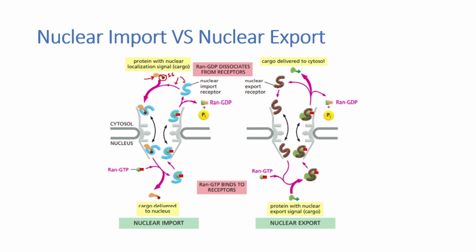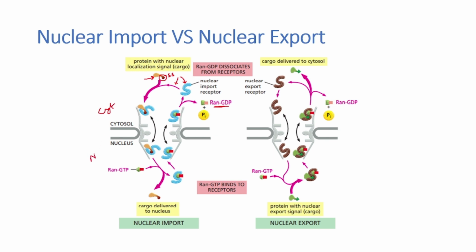So first the protein to be translocated binds with the nuclear import receptor, and then this complex of the nuclear import receptor and the cargo protein binds to Ran GDP because you need to transport a protein from the cytosol to the nucleus.